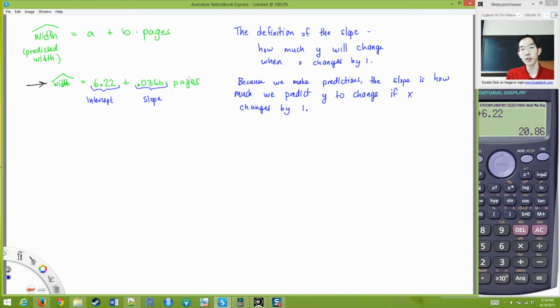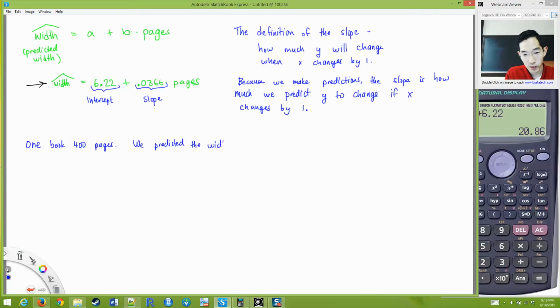So what does it mean for x, or the pages, to change by 1? I think I heard the correct interpretation over here. In our case, if we looked at 2 books, and one book has 400 pages, we predicted the width.